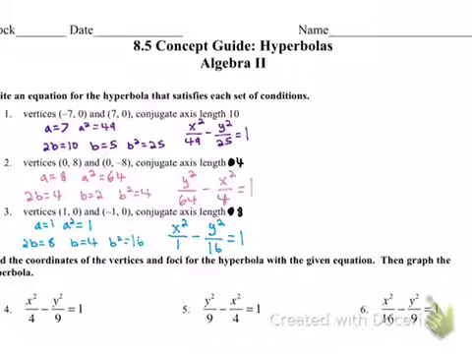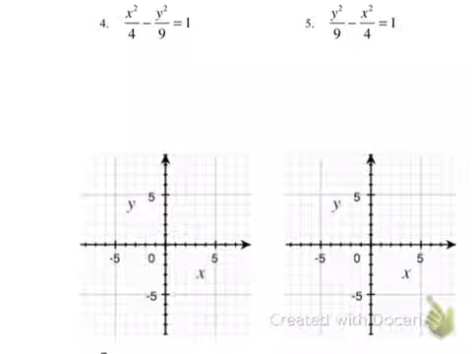All right, next section. x squared over 4 minus y squared over 9 equals 1. Is this going to be vertical or horizontal? Good job, Donald. It's horizontal. x squared comes first. So a squared is 4, b squared is 9.